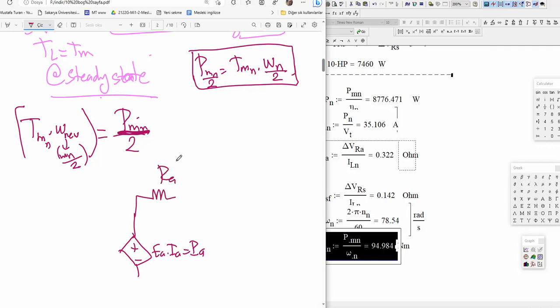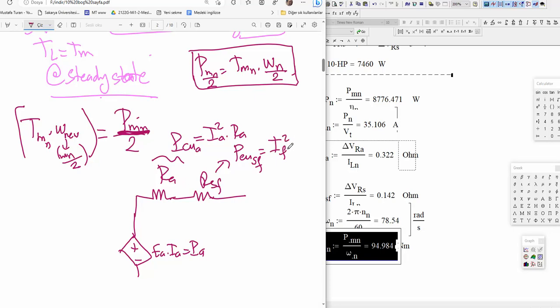Here is the armature resistance consuming some armature copper loss in terms of armature current squared times Ra, and here is Rs, and again the serial field winding consumes serial field copper loss in terms of field current squared times Rsf, and here is the new input terminal voltage and new input power. Possibly, I am not sure if the current is constant. I am not sure yet.